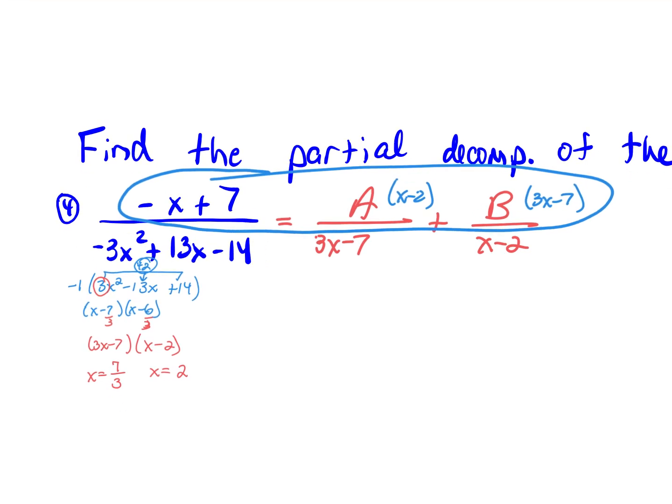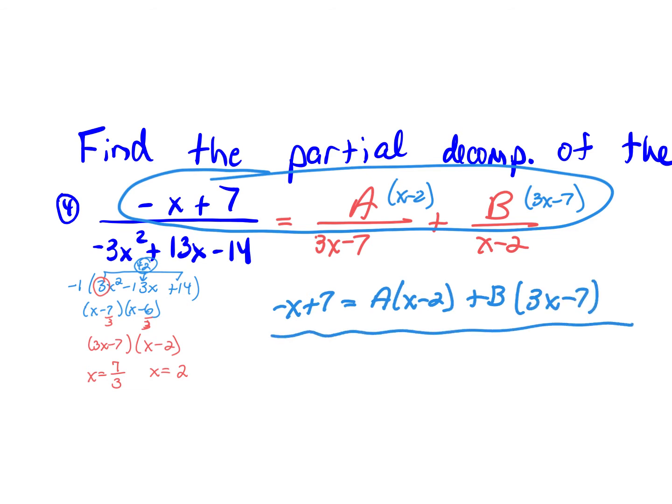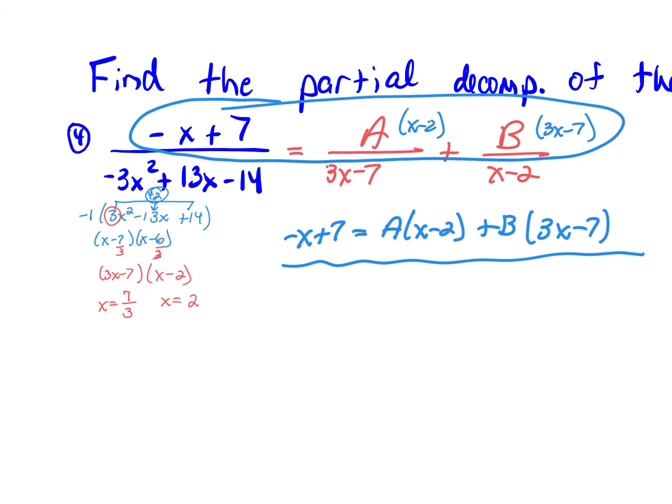So I'm going to rewrite this as -x plus 7 equals A times x minus 2 plus B times 3x minus 7. Now, some of you are like, wait a second. We have to evaluate with a fraction? Yes, that's okay. We're going to evaluate with 7 over 3 and see what happens. And we're going to evaluate with x equals 2.